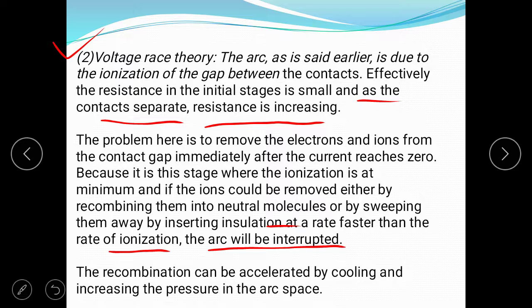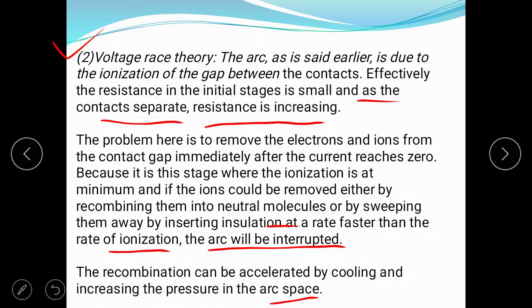The recombination can be accelerated by cooling and increasing the pressure in the arc space. So this can be achieved by the cooling method or by increasing the pressure in the arc space.